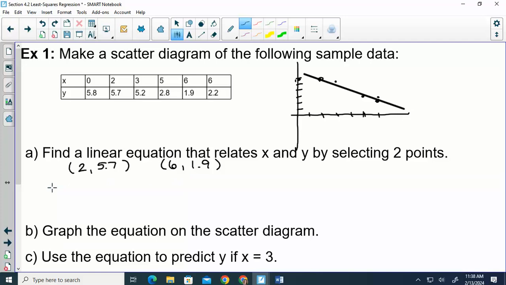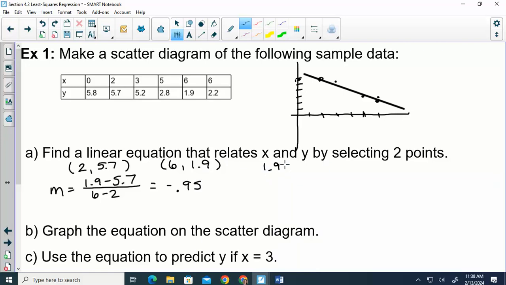Yep, slope: y2 minus y1 over x2 minus x1. So we get a slope of negative 0.95. Okay, plug into y equals mx plus b.